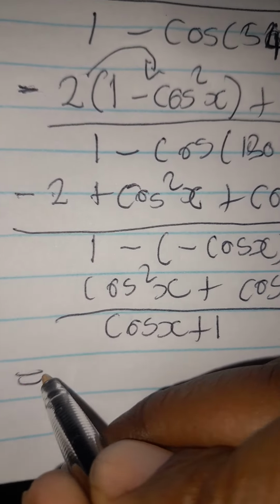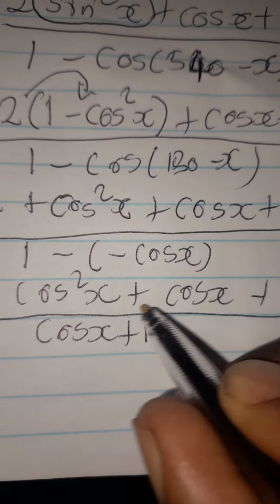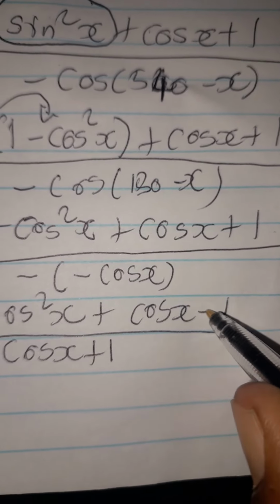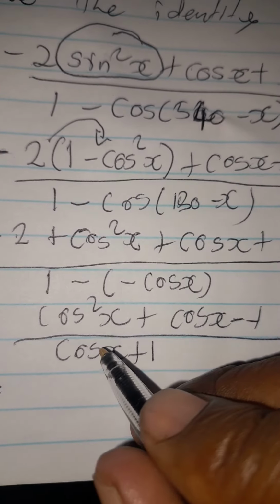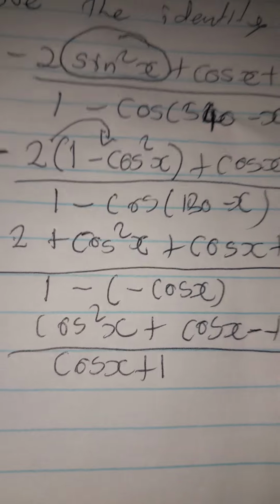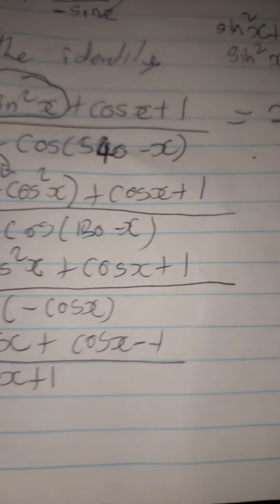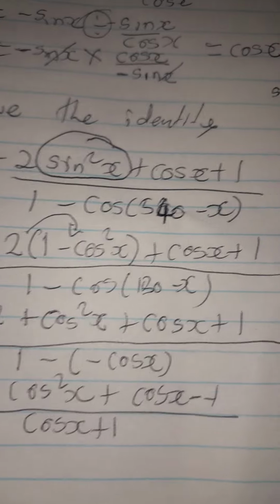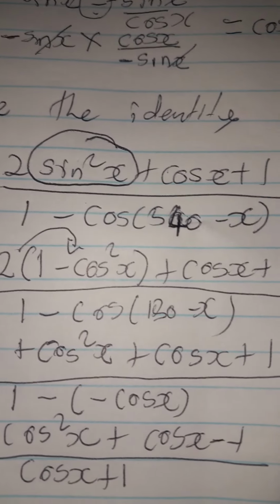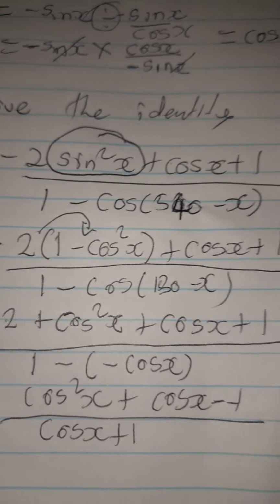Okay. We are not done there. So from here, guys, you can see you have a trinomial. Oh, it must be 2 cos squared x. Let me see, what mistake did I make here?